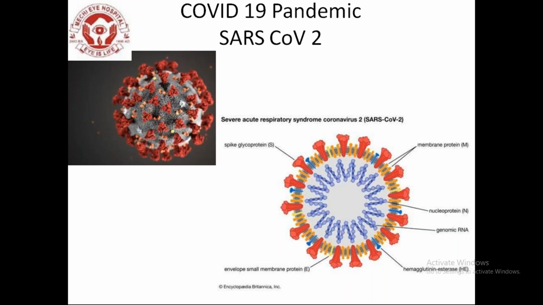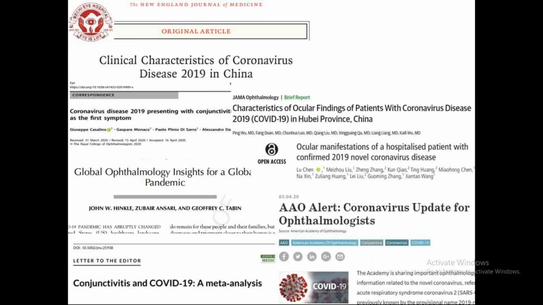There are a lot of literatures, like clinical characteristics of coronavirus 2019, coronavirus presenting with conjunctivitis as the first symptom, characteristics of patients with COVID-19, ocular manifestations of the confirmed COVID-19, and conjunctivitis and COVID-19 meta-analysis.